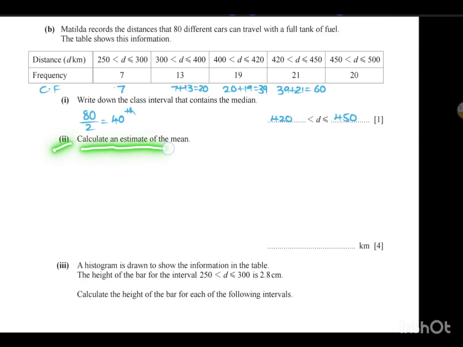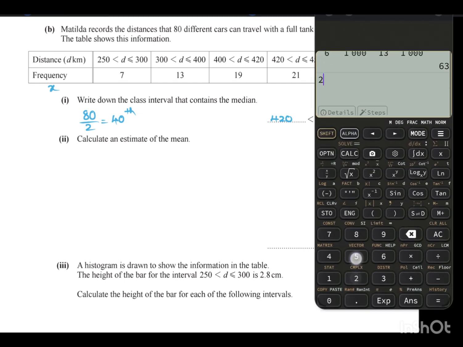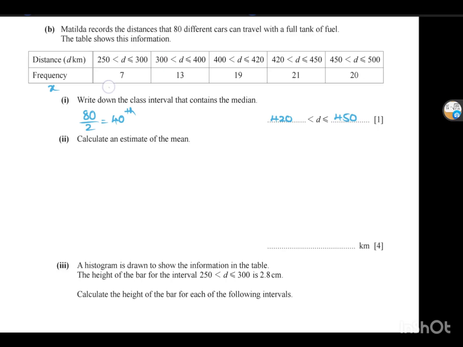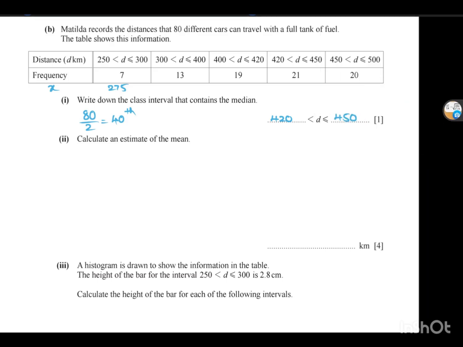Question 2, calculate an estimate of the mean. For an estimate of the mean, we need to find the mid value of the class intervals, that is the x value. 250 plus 300 by 2, find out directly in the calculator, divided by 2, 275. Next, 300 plus 400, that is 700 by 2, 350.